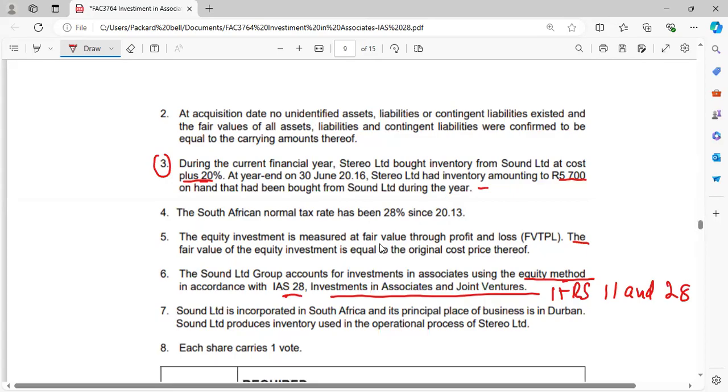So here we're going to have 5,700 times 20 over, what? Cost plus, over 120, right? Times 45%. Am I right?